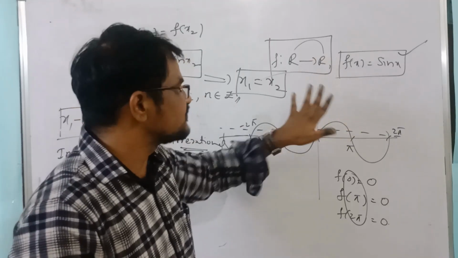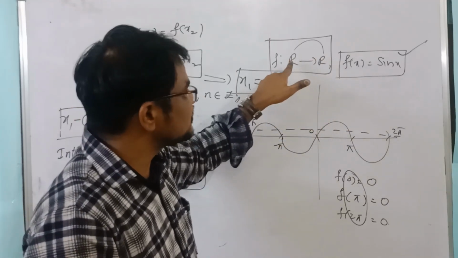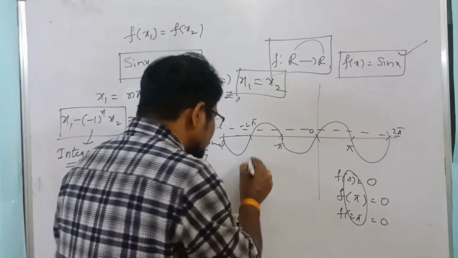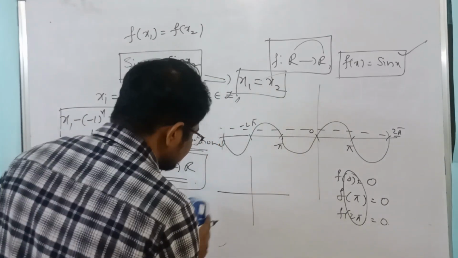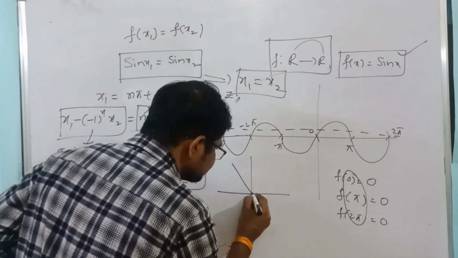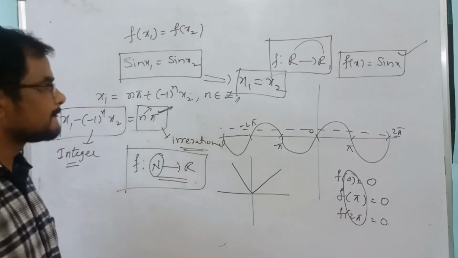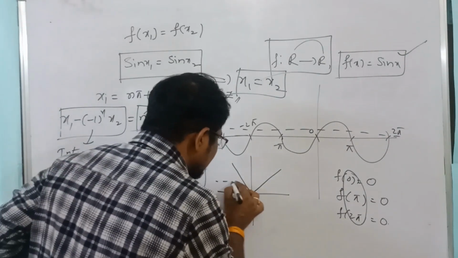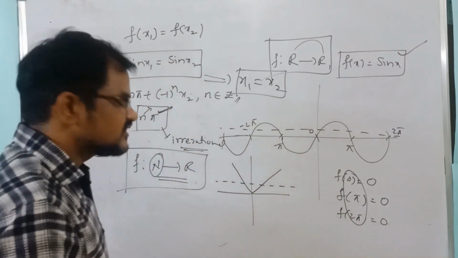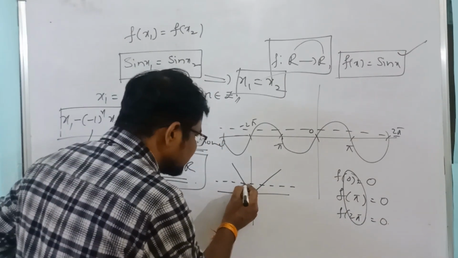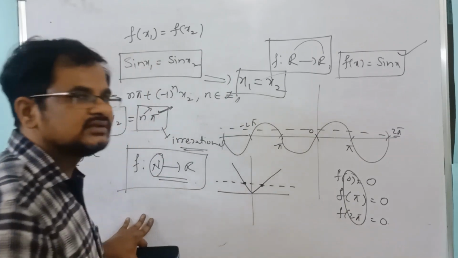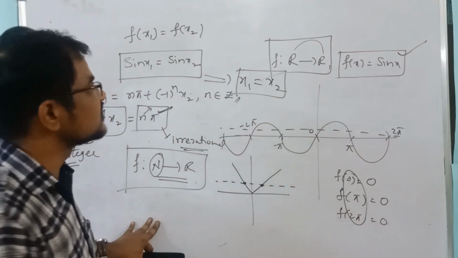So carefully you have to observe the domain of this function also, right? Now suppose you take the modulus function, is it a one-one function or many-to-one function? If you draw a line parallel to the x-axis, it intersects at more than one point, so it is a many-to-one function only.